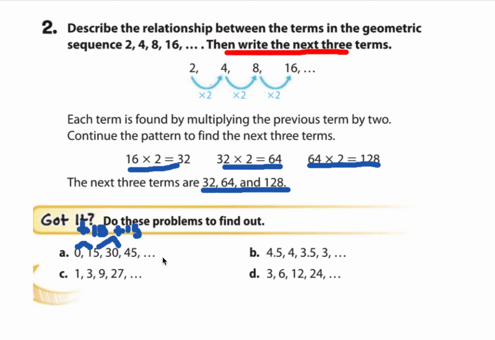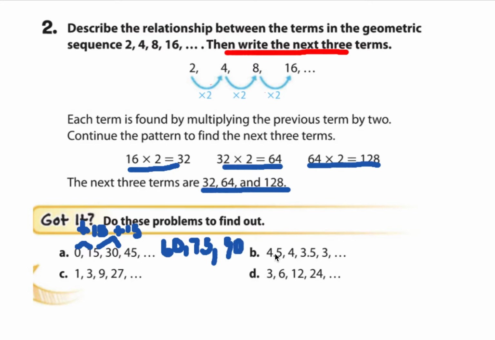And so, yes, we are adding 15. There are 3 of them we need to do, so 45 plus 15 is 60. We're going to do 3 of these to continue the pattern. Then 60 plus 15 is 75, and 75 plus 15 is 90.